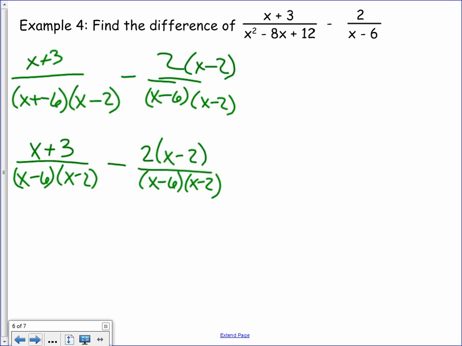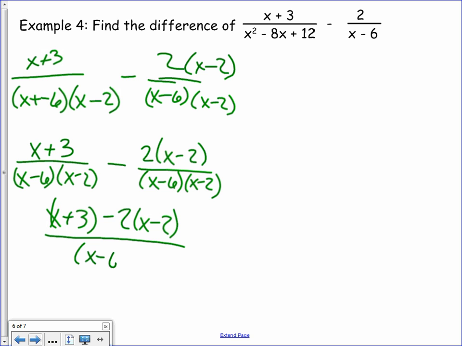Okay, so we'll write all of this, x plus 3, minus 2, x minus 2, and then that's over x minus 6, x minus 2, and we can just simplify what we have now then. So when we're doing this, we can take a look at what this will all equal.